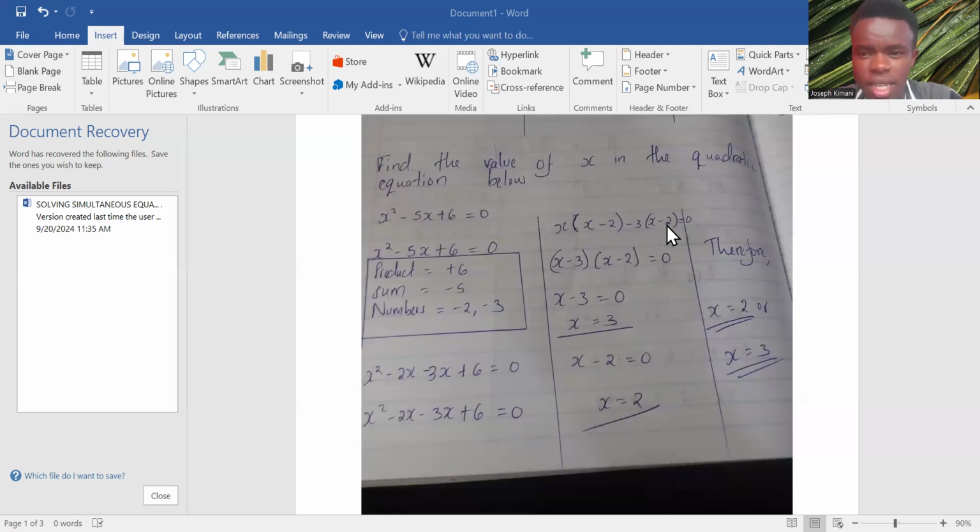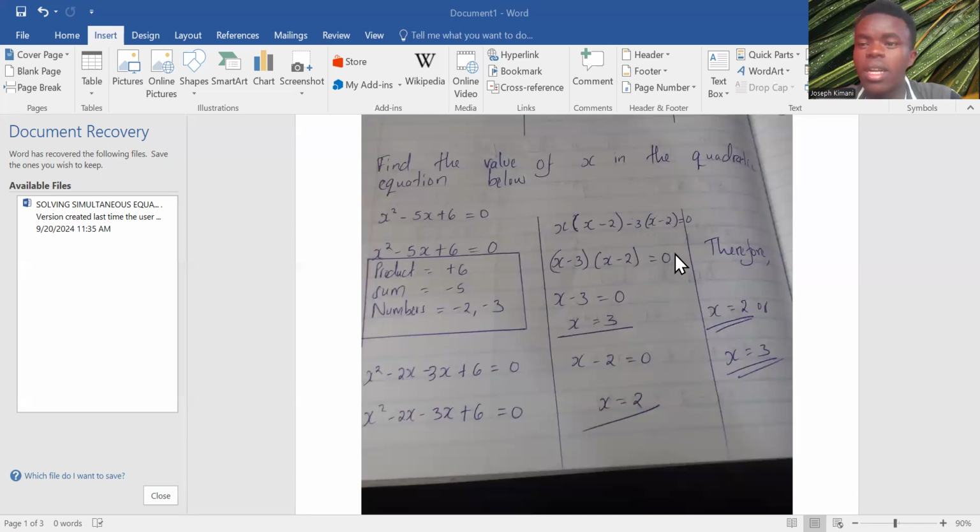Since these values are equal, we'll just pick one of them to represent both. The ones on the outside form one value, and those on the inside form one value. The ones outside the brackets are x minus 3. I'll put it into brackets. Then I'll take one of the two values, since they are the same, x minus 2, which gives you 0.